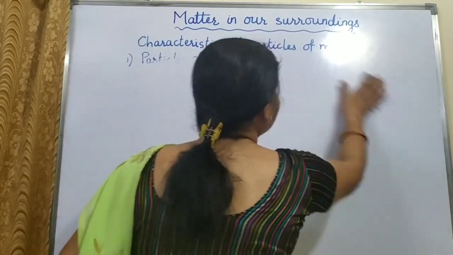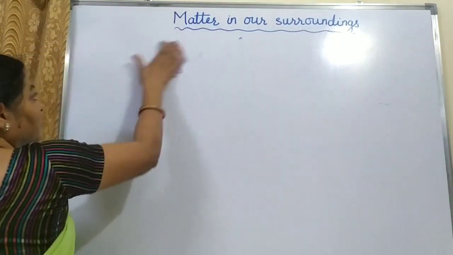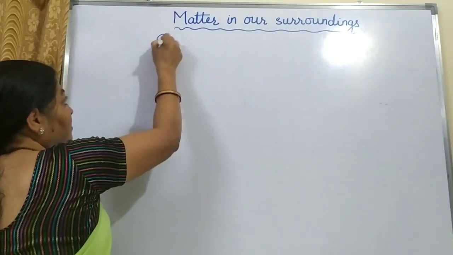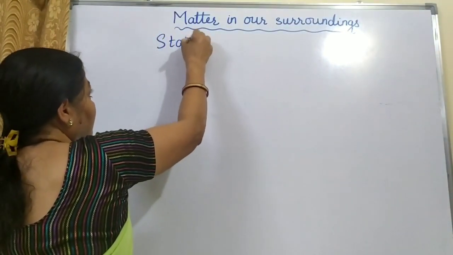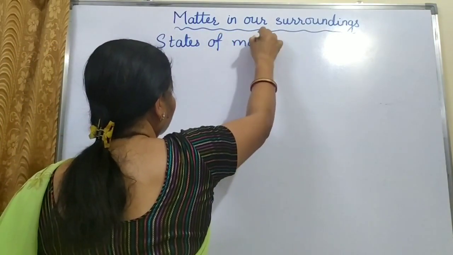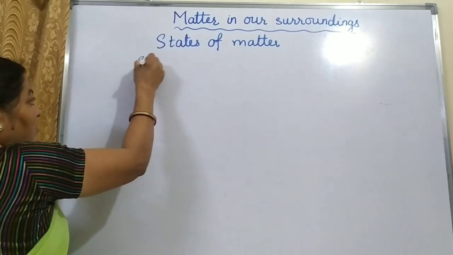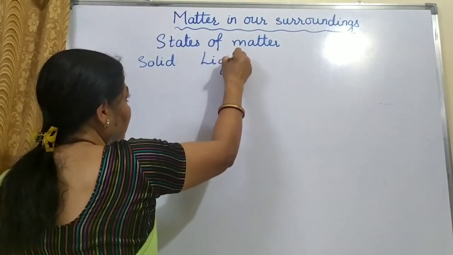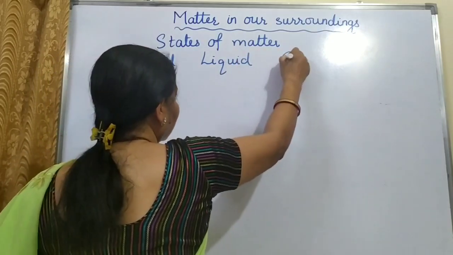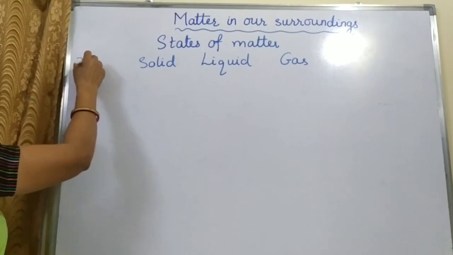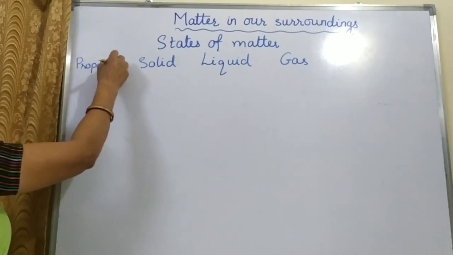So children, there are three states of matter: solid, liquid and gas. And we are going to see some properties of solids, liquids and gases.